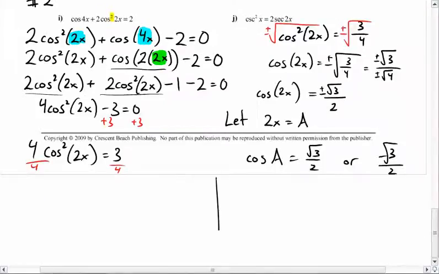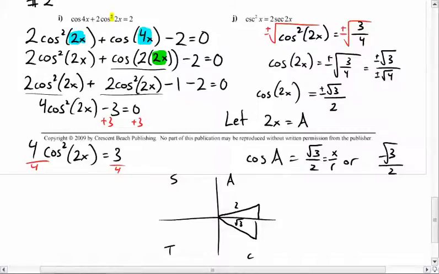So let's see. That means cosine is x over r. So x is the long side of a 1, 2, 3 triangle, or a 30-degree triangle. So let's see, that's here. X is long. It's adjacent over hypotenuse. All students take calculus. There's also a possible answer in quadrant 4. 2 places where cosine can be positive.